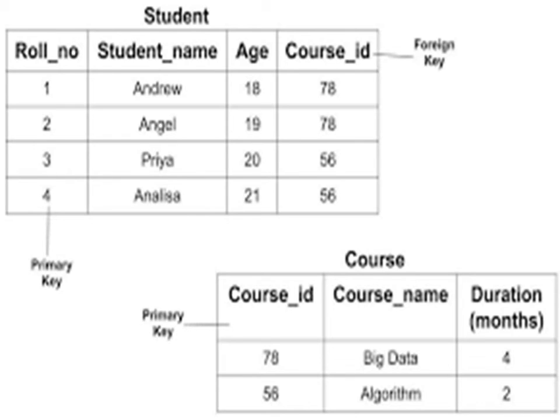The table course in which course ID is primary key identifies each record uniquely, means it will not allow two courses to have same course ID.